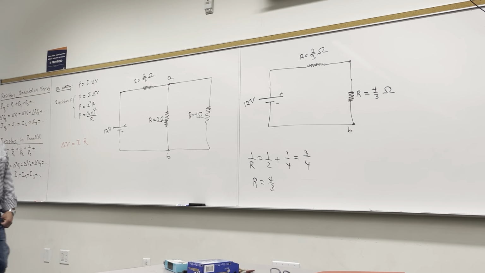How do I find the resistance of the resistor that's equivalent to them? Well, according to this formula, I add them up, right? So our equivalent will be 2/3 plus 4/3, and that's 6/3, which means it's 2 ohms.